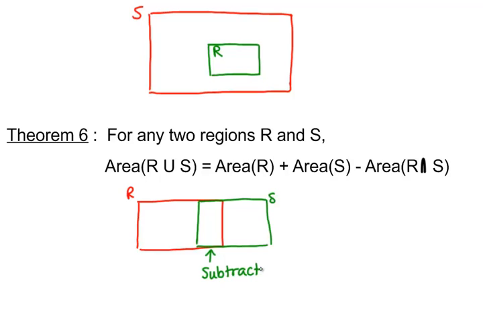So if we subtract it once, then we only count it once. And so that's what theorem 6 is stating.